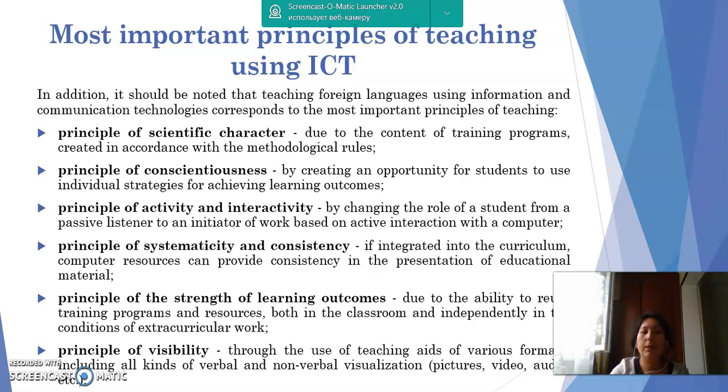The next principle is strength of learning outcomes, due to the ability to reuse training programs and resources, both in the classroom and independently in extracurricular work. And the last principle is visibility, through the use of teaching aids of various formats, including all kinds of verbal and non-verbal visualization, pictures, videos, audio, and so on.